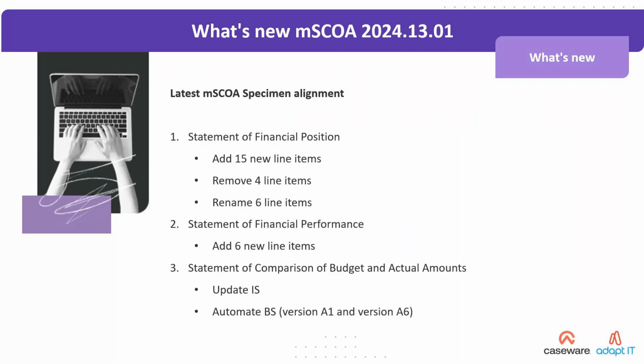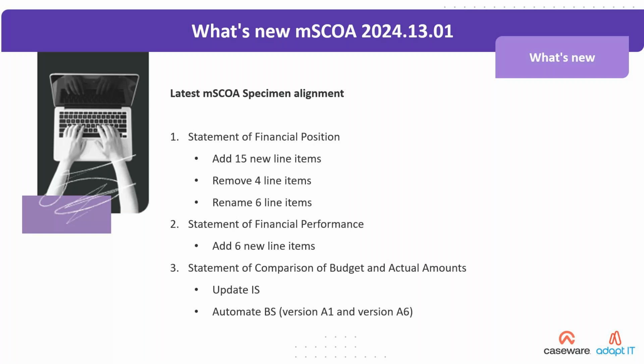Then when we get further to the mSCOA specimen alignment, the first one, we looked at the statement of financial position. We added 15 new line items, removed 4, and we renamed 6 line items. And again, the details of these are there on the release notes, but we will be covering them directly in the software during the demo.